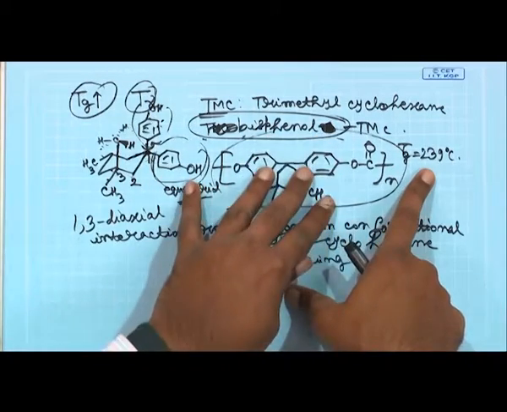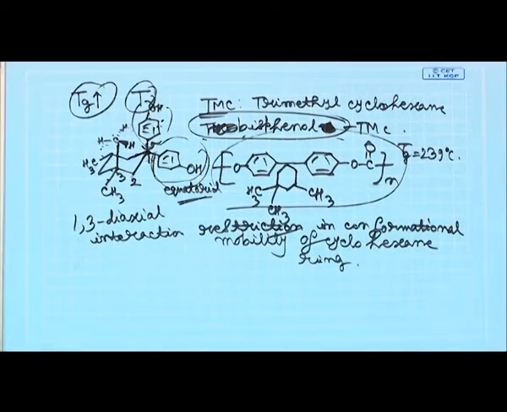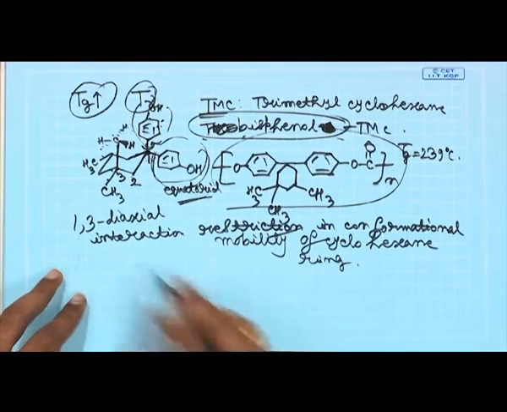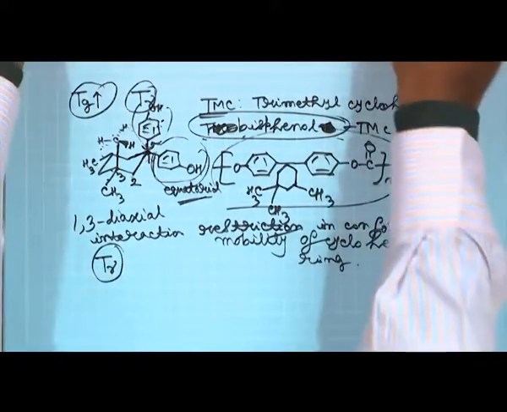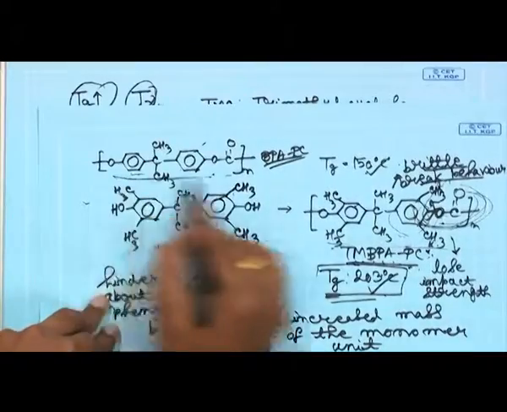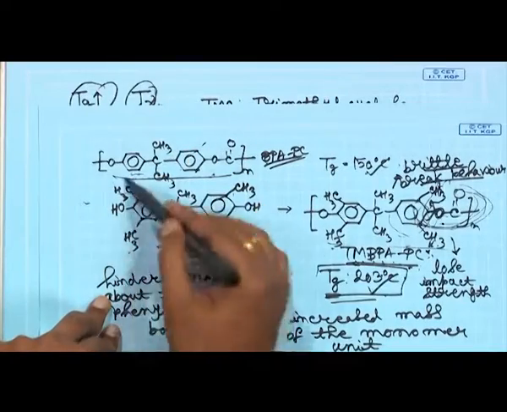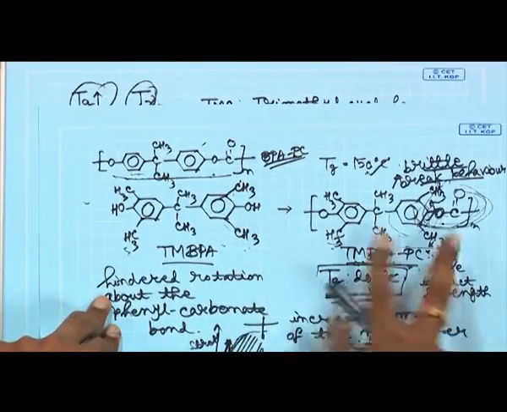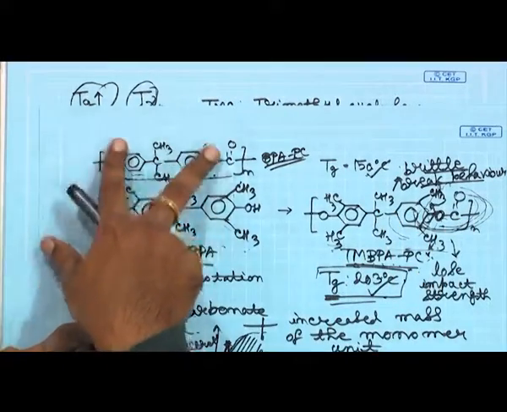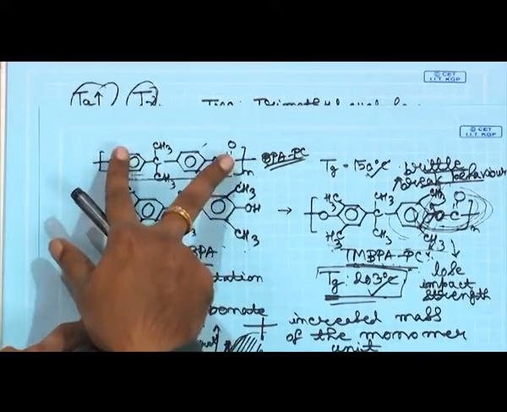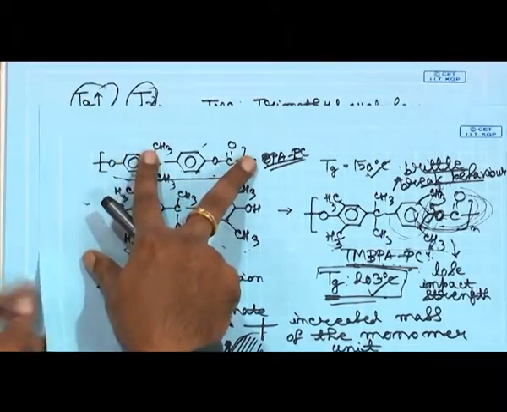What about T gamma or the gamma relaxation temperature? So, basically what happens is that your T gamma remains relatively unchanged if you compare with your bisphenol A polycarbonate, unlike your tetramethyl substituted one, where the T gamma increased to plus 45 degrees Celsius from the parent polycarbonate, where the T gamma was minus 107 degrees Celsius approximately.